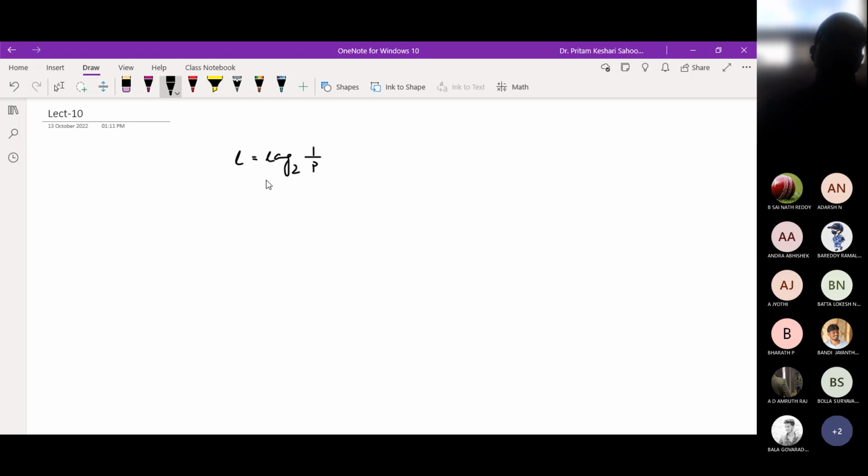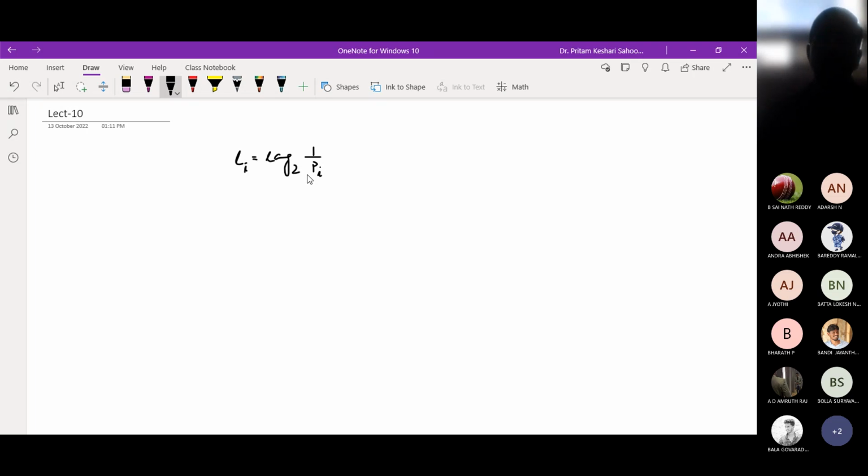So if a source is generating some set of symbols with some probabilities, I will consider that a source is generating a certain number of symbols. The ith symbol has length li, equal to log base 2 of 1 divided by pi, where pi represents the probability of the ith symbol.